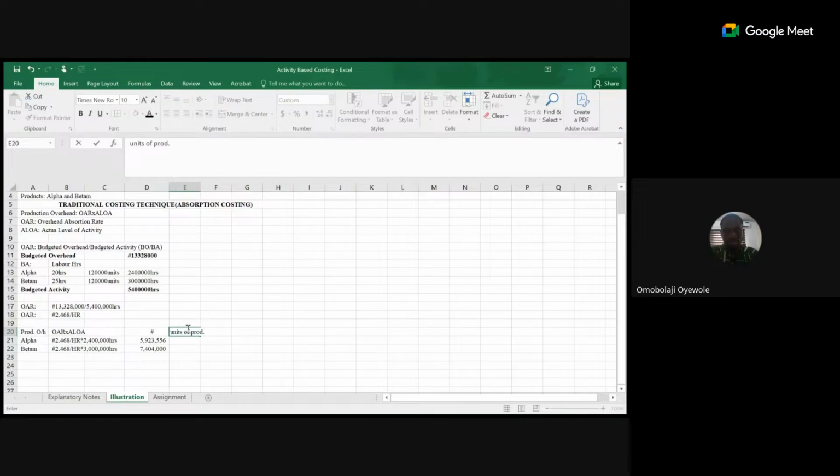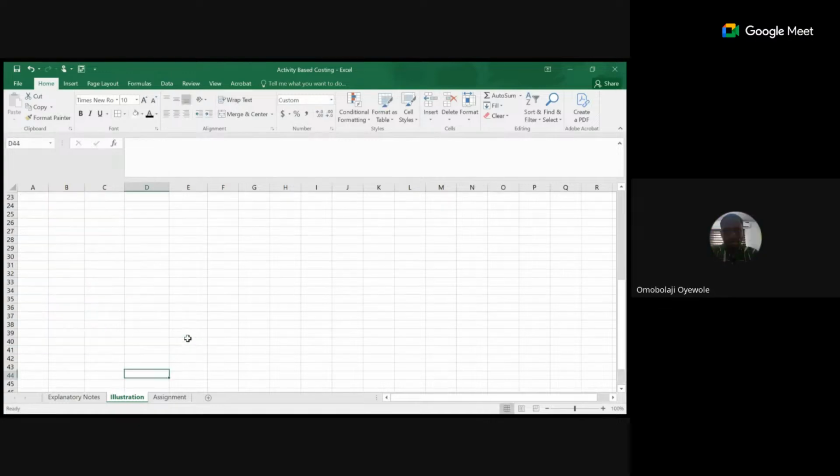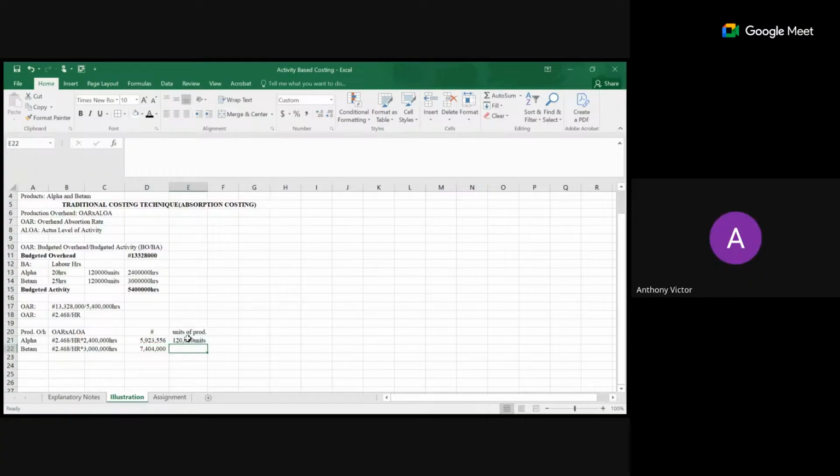Now, what would be my unit of production for Alpha? Remember, how many units of Alpha? 120,000 units. Then how many units for Beta? 120,000 units, right?